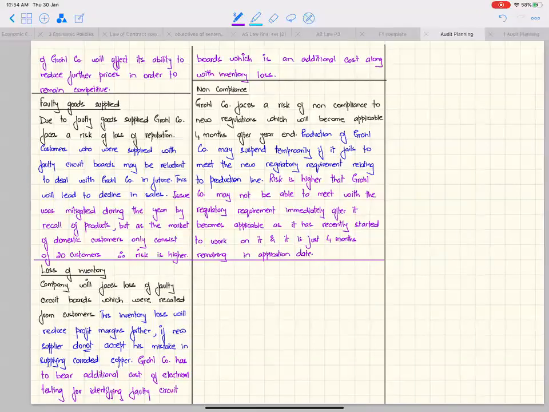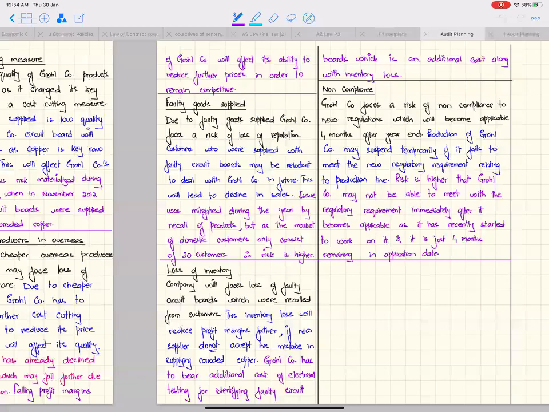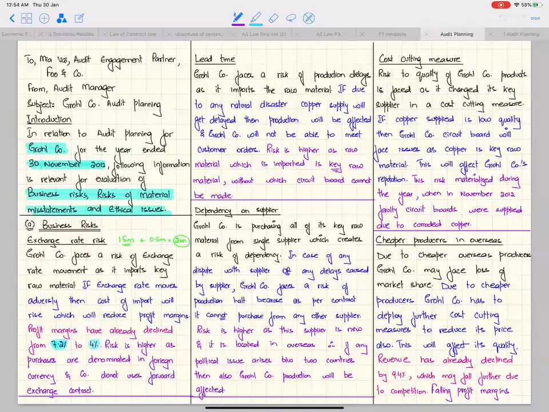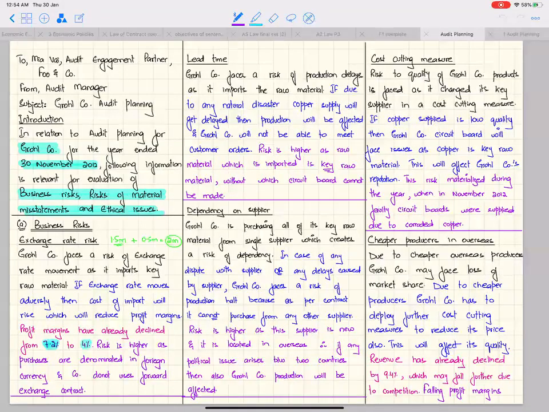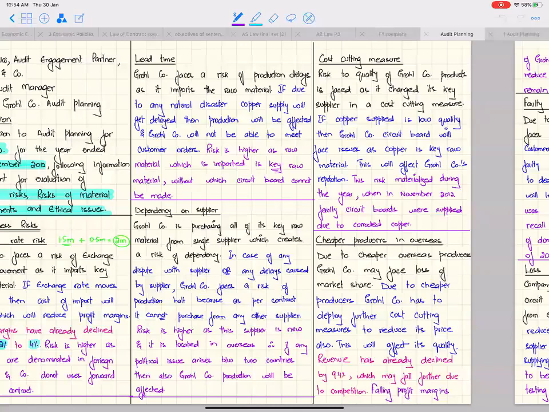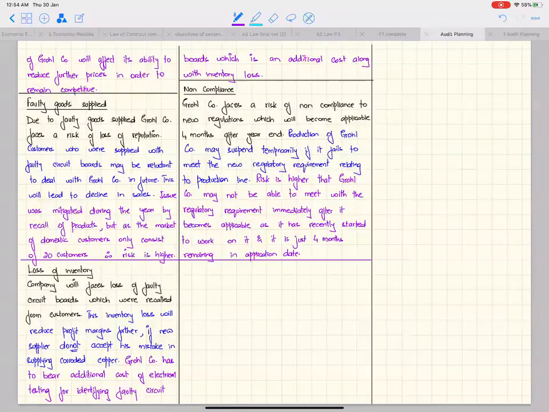So our first risk was exchange rate, second risk was lead time, third was dependency on supplier, fourth was a cost-cutting measure, fifth risk was cheaper producers, sixth was faulty goods, and seventh was loss of inventory. And now we are on the risk of non-compliance, that there is a very high risk that we may not be able to comply with the new regulatory requirement because we have recently started working on that new production line.